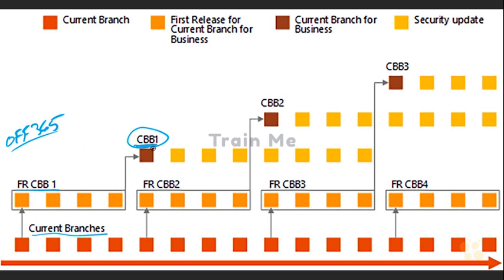That's what I've been demonstrating mostly thus far. And then you'll have the first release for current branch for business. That's not the default for anybody. You have to turn that on, and I'll show you how to do that. But I could go from my current branch for business here, and I could turn on the first release current branch for business to get more up-to-date stuff. Okay. Now, what happens in these updates, and what does our chronology look like here?